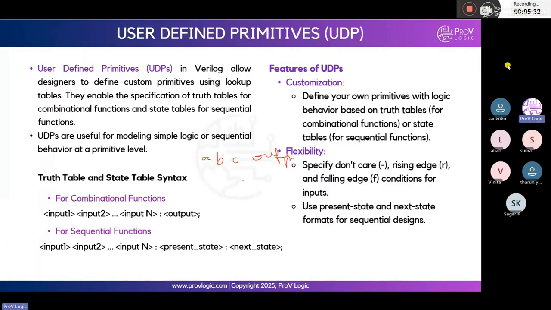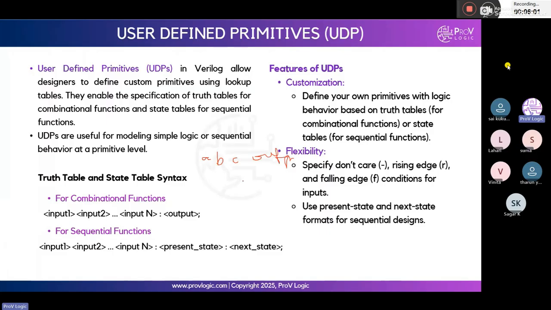But in the same program, we cannot define 2 outputs, because for each UDP module there will be only one output. A multiplexer has only one output, a half adder has 2 outputs, and encoders and decoders have single outputs. Sometimes sequential circuits have a single output.